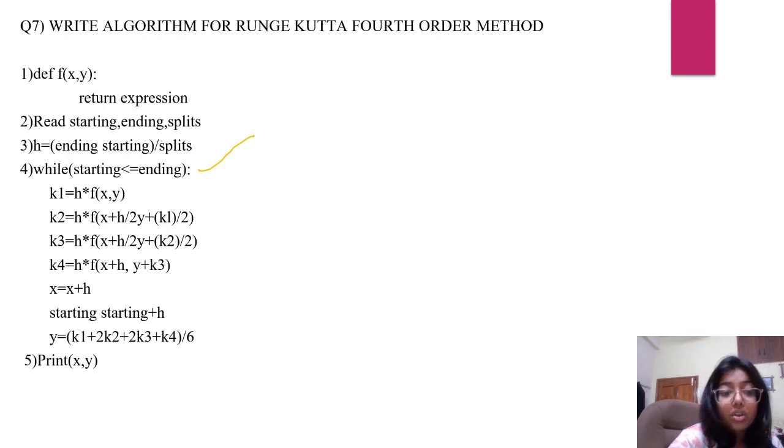These are the 4 values of k: k1 is equal to h into f of x comma y, k2 is equal to h into f of (x plus h upon 2, y plus k1 upon 2), k3 equal to h into f of (x plus h by 2, y plus k2 by 2), k4 is h into f of (x plus h, y plus k3), x is equal to x plus h.